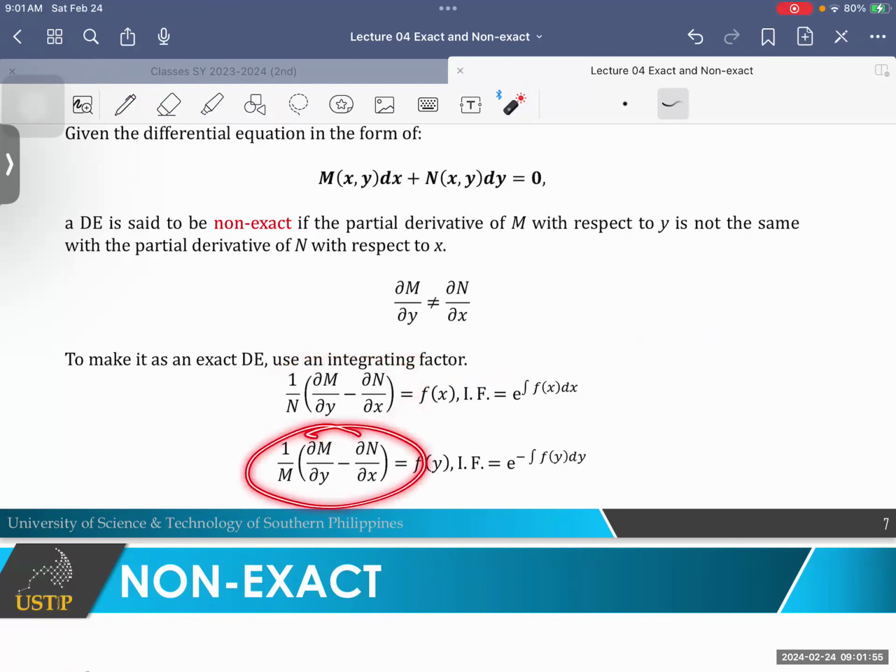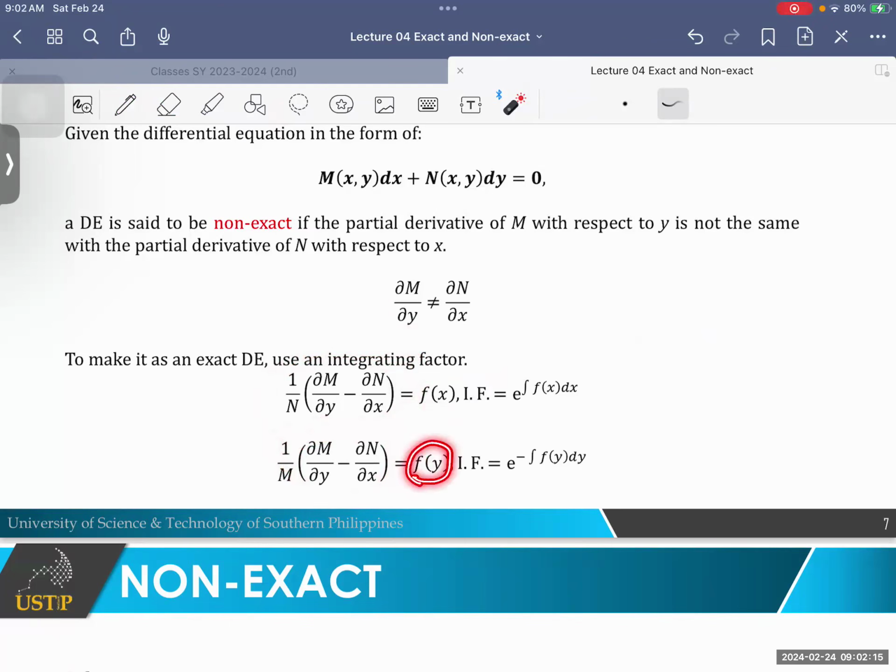So, 1 over N multiplied by the difference of these two, if it is an expression or function of y, then your integrating factor is e to the negative integral of f of y dy.